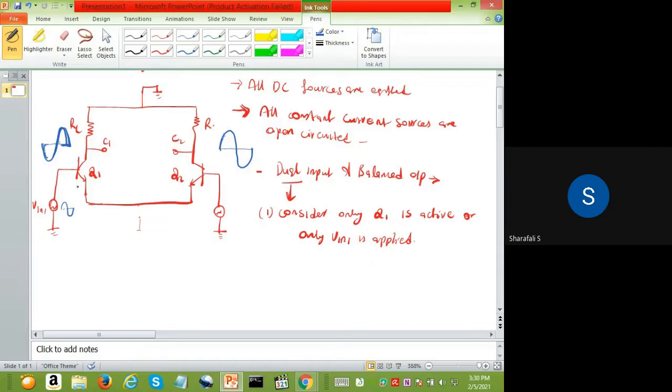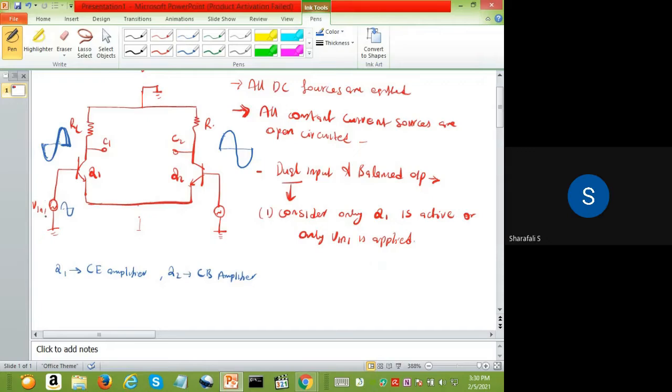So the first transistor Q1 acts as a common emitter amplifier under this condition, and Q2 acts as a common base amplifier.